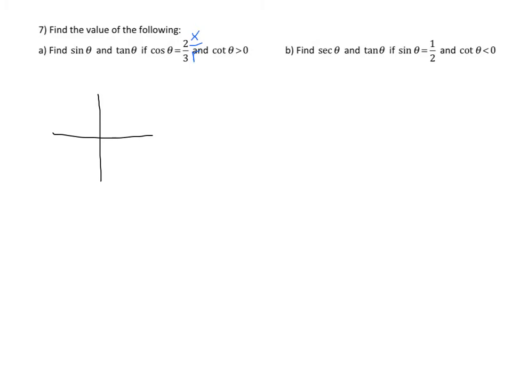If that is a positive number, which it is, it's positive 2/3, we're either in quadrant 1 or quadrant 4. But it also tells us that cotangent is positive. Cotangent is x over y. We already know x is positive, so y must also be positive, which means we're in quadrant 1. So I'm going to draw my angle with its terminal side in quadrant 1.